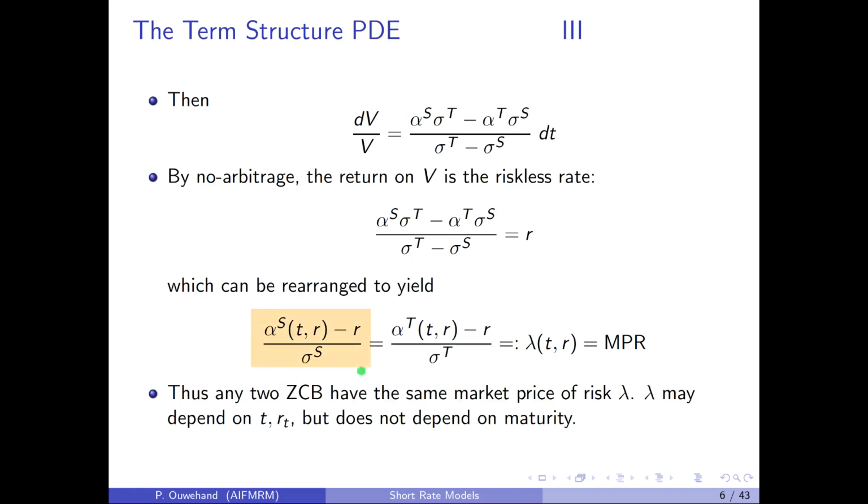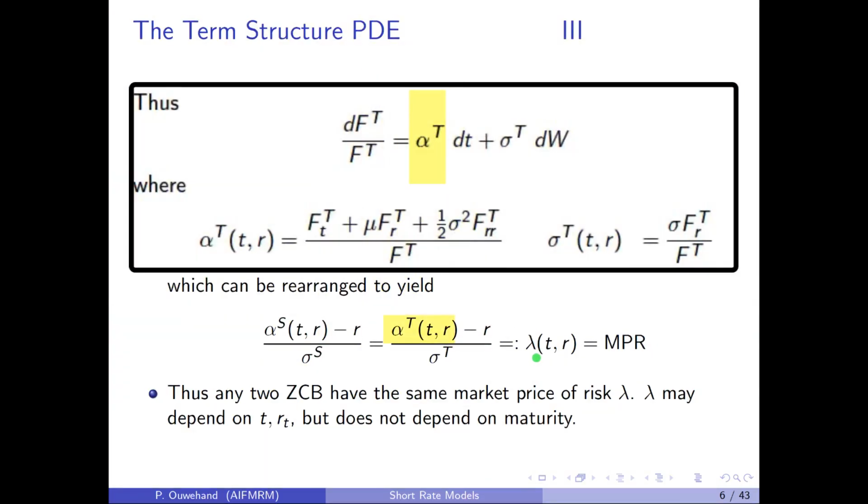Thus this expression here, alpha minus r over sigma, is independent of the maturity of the bond. It is the same for the S bond and for the T bond, and S and T were arbitrary maturities. Therefore, it depends only on t and the short rate and not on the maturity of the bond.